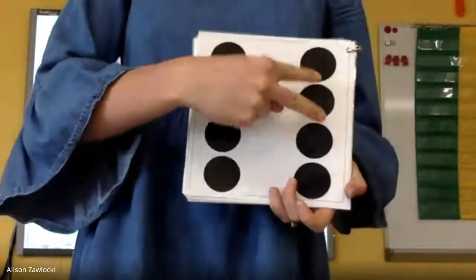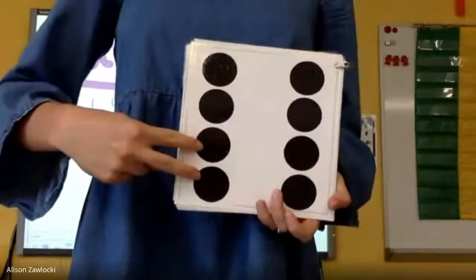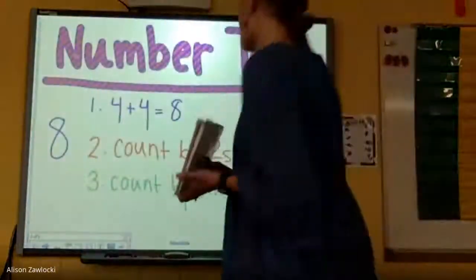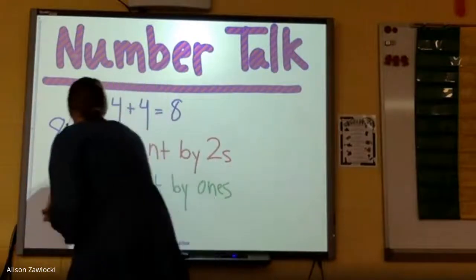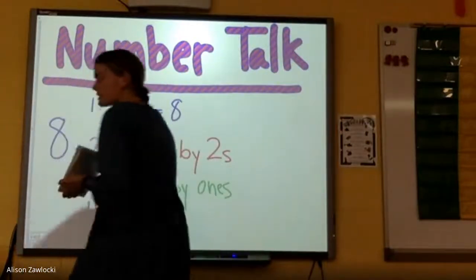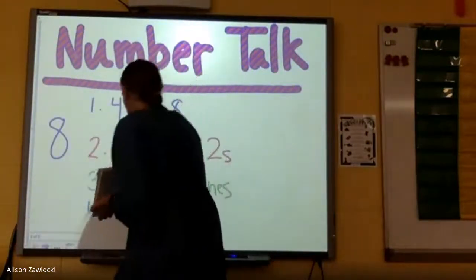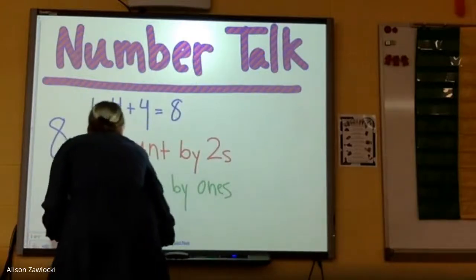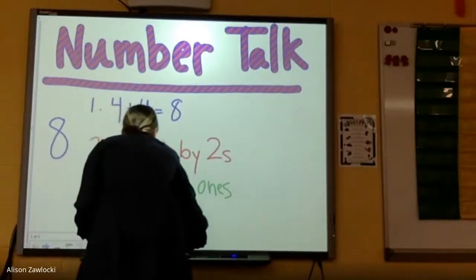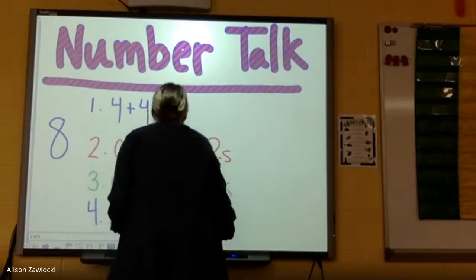So I did 2 plus 2 is 4, plus 2 is 6, plus 2 is 8. So I'm going to write, this is my fourth strategy, and we'll learn more about addition later as well. So I'm going to write 2 plus 2 plus 2 plus 2 equals 8.